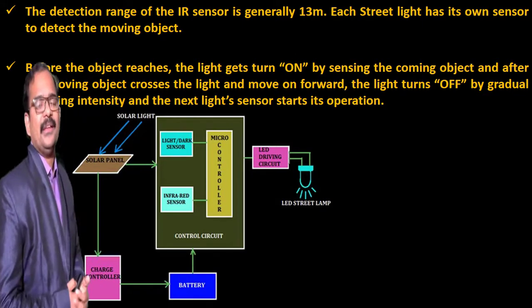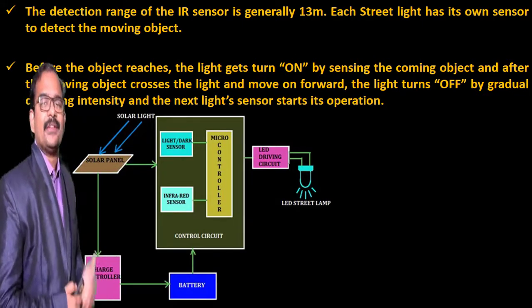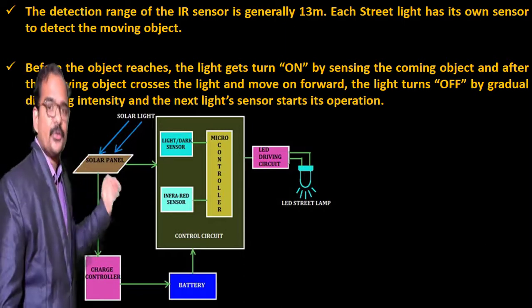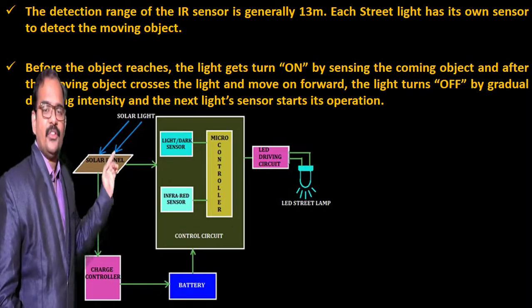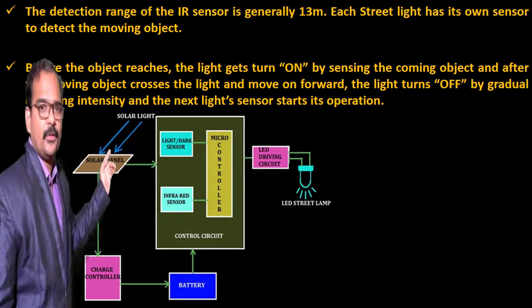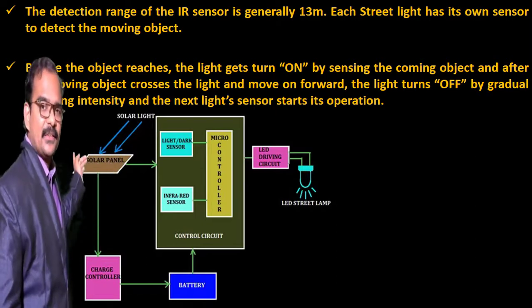Say, for example, there is a street which consists of 10 street lights. Now what happens? Whenever an object enters the street, street light 1, which is equipped with an infrared sensor, will sense the motion of that object, person or vehicle 13 meters ahead.